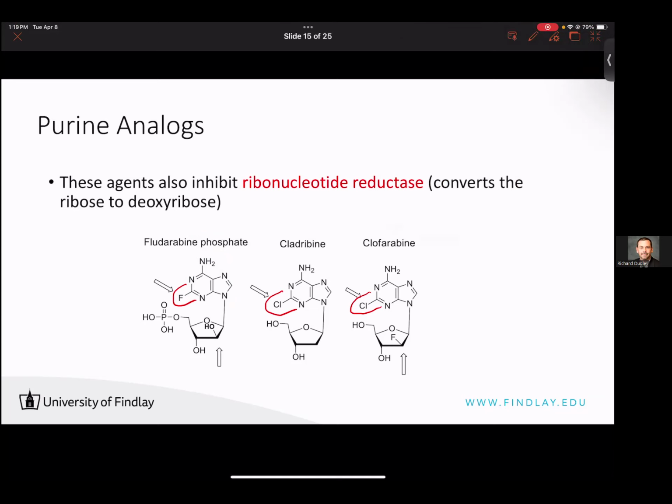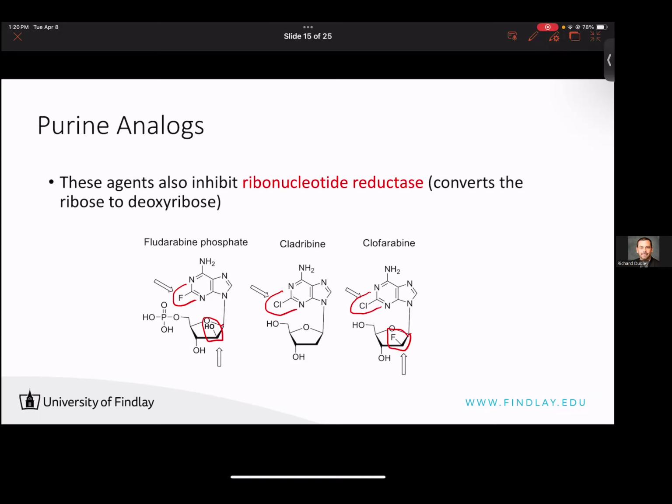It protects the molecule from being converted from adenine to inosine. And then fludarabine at the 2' position has that alcohol sticking up. Clofarabine also at the 2' position has that fluorine, not an alcohol, but a fluorine sticking up. And then cladribine is a deoxynucleoside derivative.